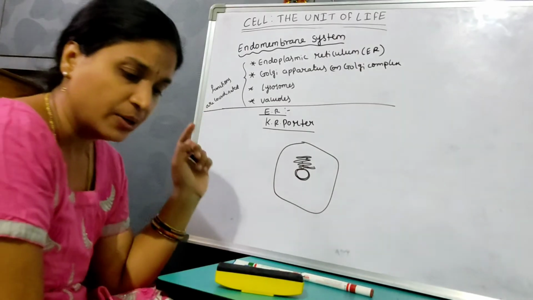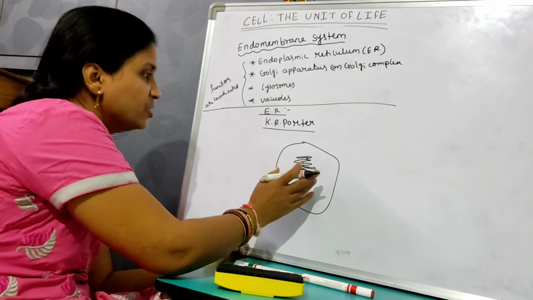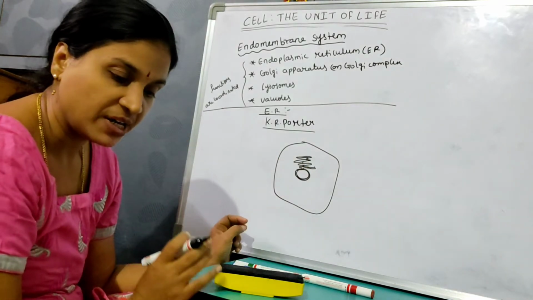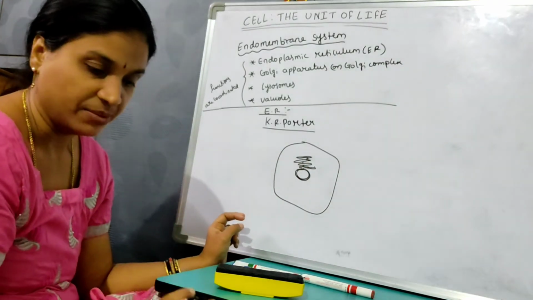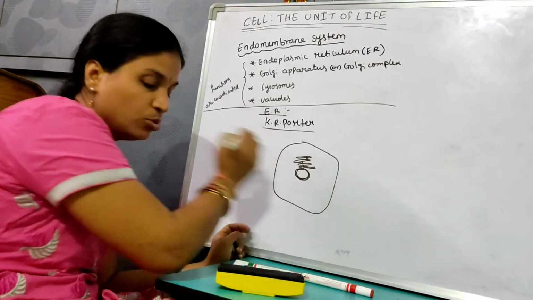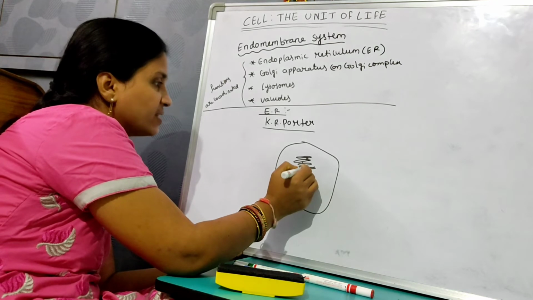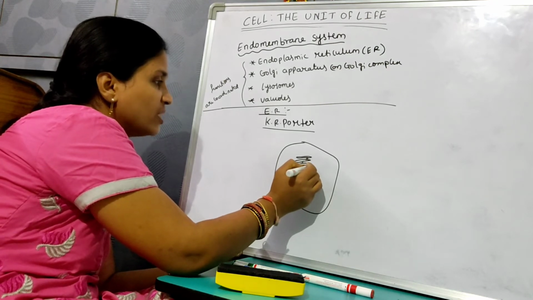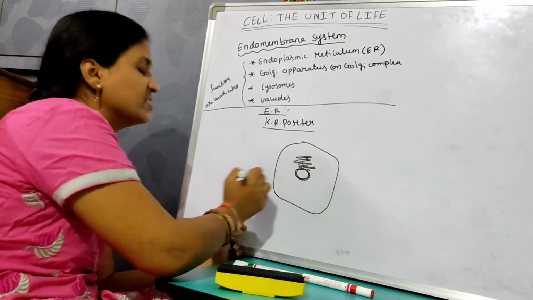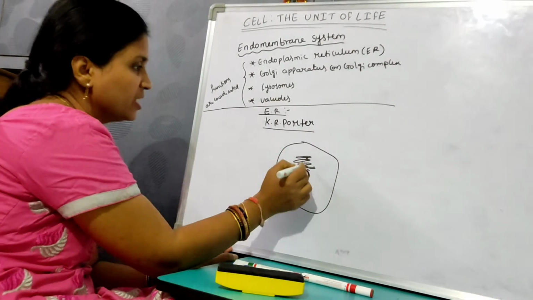Then they divide the intracellular space into two distinct compartments: the luminal vesicles and the extraluminal vesicles. The extraluminal means the cytoplasmic one, and this is the luminal one, inside the endoplasmic reticulum.